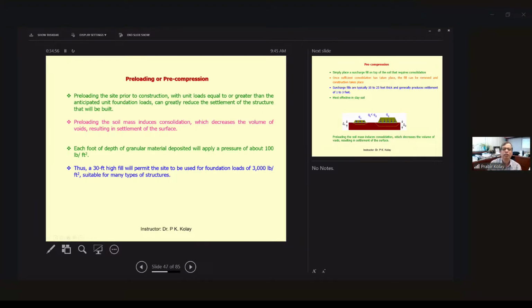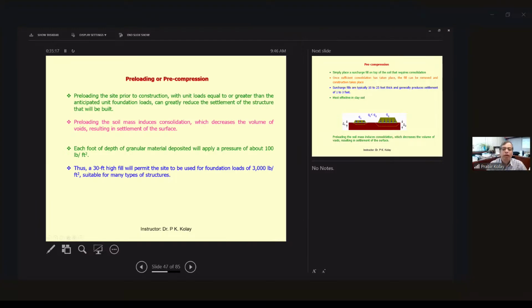Do you think I should use first instead of pre-compression? I should talk about consolidation first, and then I'll come back here. Everyone knows the consolidation process. I'll go quickly maybe after I explain this pre-compression.